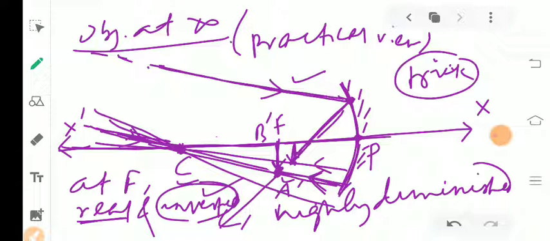So from the beginning you draw one image, then join this point with the center of curvature, then you will not get a wrong ray diagram. So I think you could understand. You yourself try at home once to draw this ray diagram, and you may post it to me personally. Thank you.